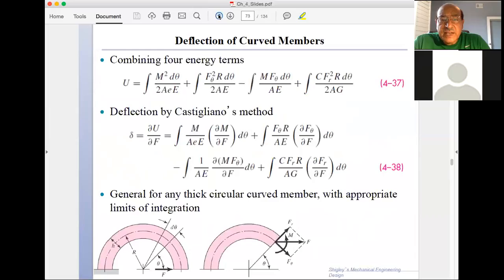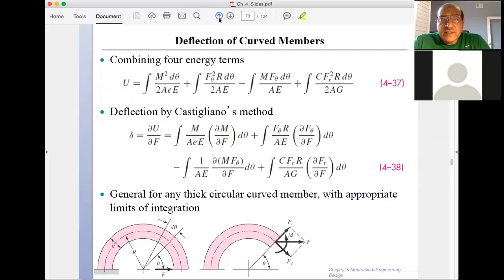For example, this is a long form that combines the 4 terms in the energy. So it becomes a tedious process, but it's essentially the same idea: you either have an actual force F or a fictitious force Q, and you take the derivative with respect to either F or Q, depending on where you want to find the deflection.